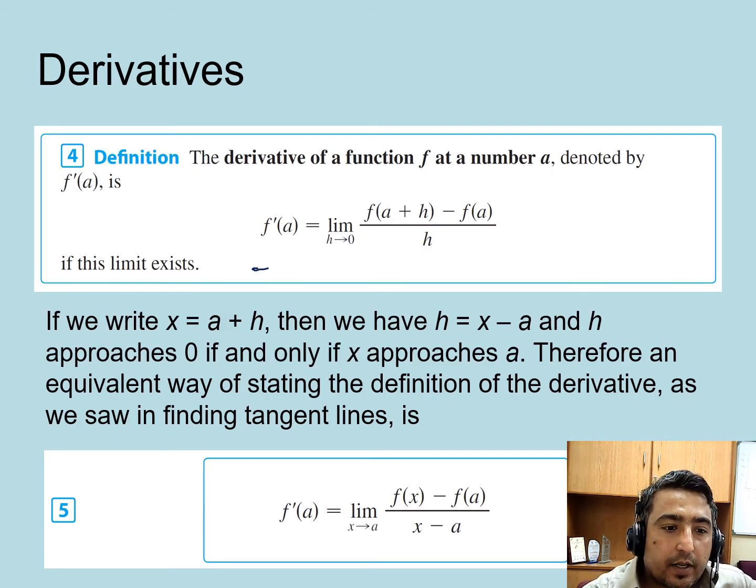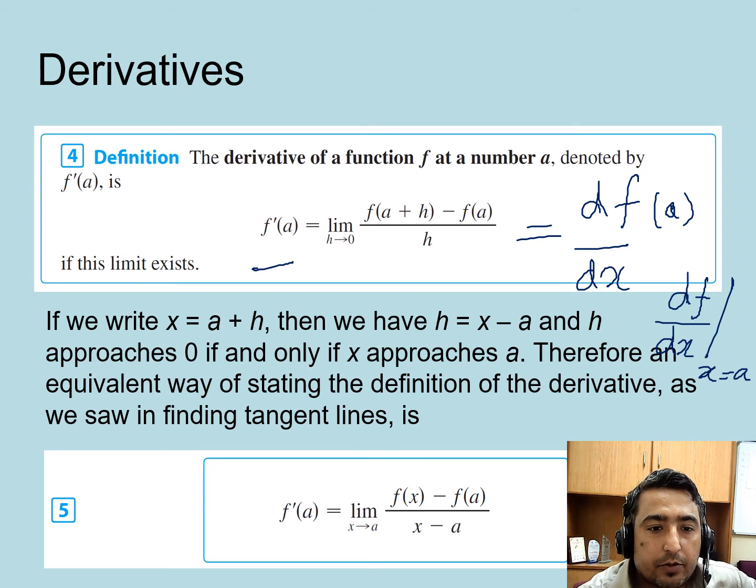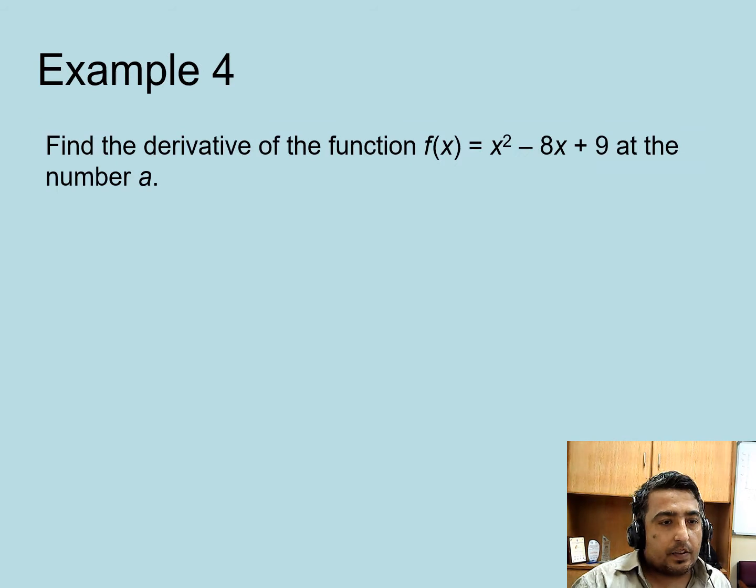Some people write it like this, and some people write d f over d x at a, or people also write d f over d x such that x is equal to a. You may have seen other notations also. So it's just a matter of notation, and the core concept is the same.